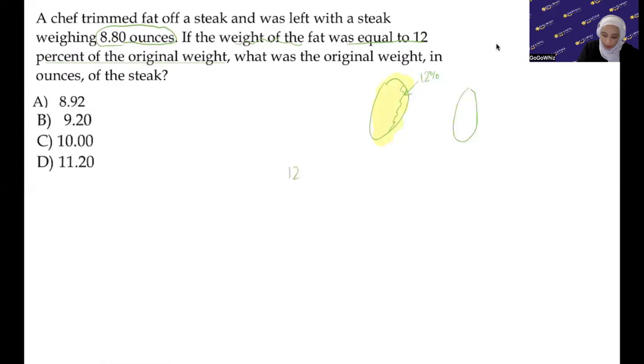So I'm saying that 12% of the original, let's call this original weight big W. We're going to say that 12% of, and remember, of in math is multiplication, 12% of the original weight W is taken off. So you had the original weight minus 12% of that weight.